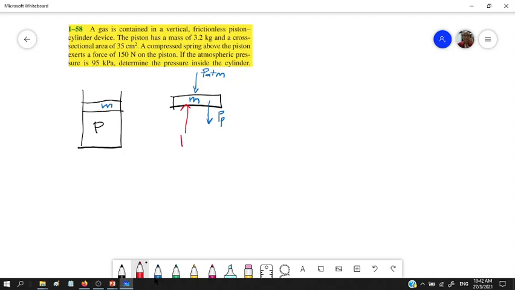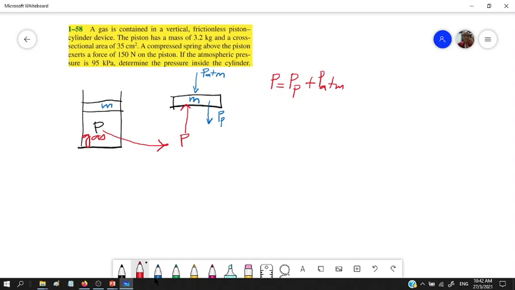So this is P, and we try to get what is P. P is equal to the P for the piston plus the P for the atmospheric. And what is actually P? Actually, P is the pressure of the gas.